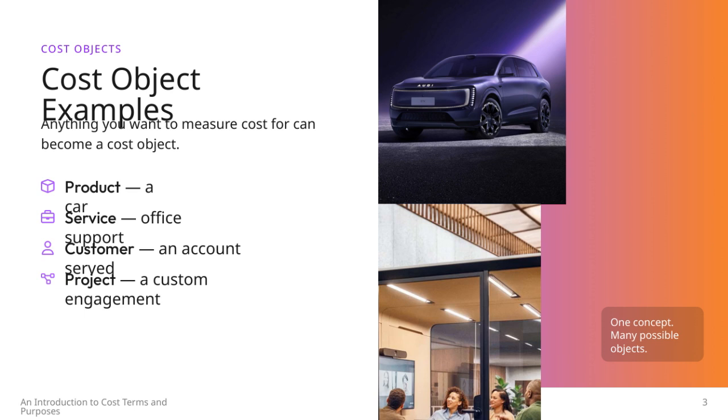Customers themselves can be cost objects as well, meaning you track costs related to serving a specific account. Lastly, projects, like a custom engagement, are also valid cost objects. The key takeaway here is that one fundamental concept of cost objects applies broadly. Virtually anything that costs money and requires tracking can become a cost object. This flexibility helps organizations understand and manage their expenditures more effectively.